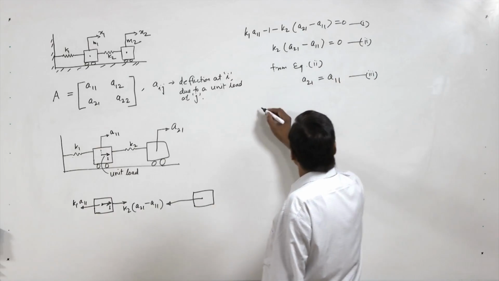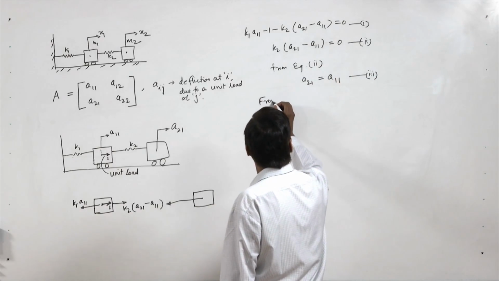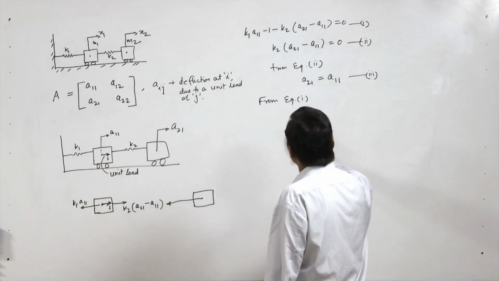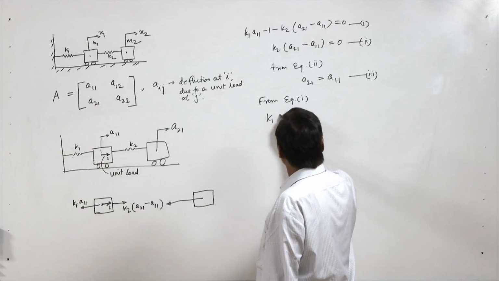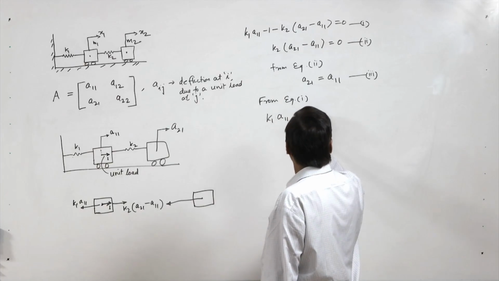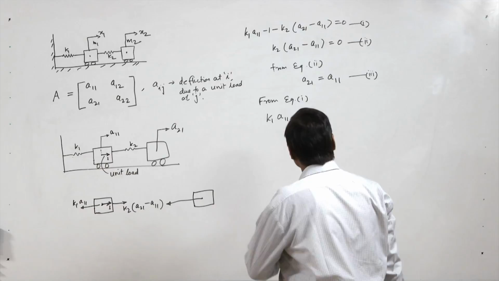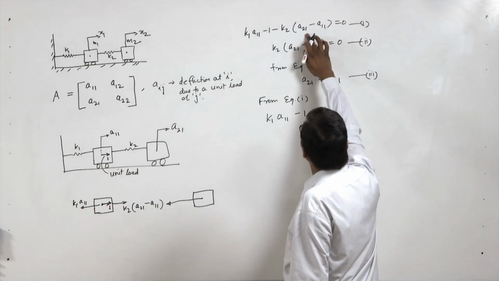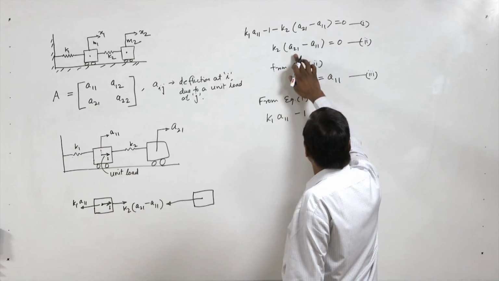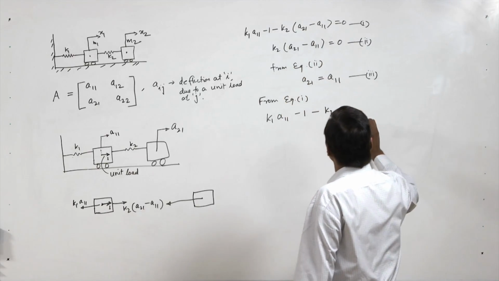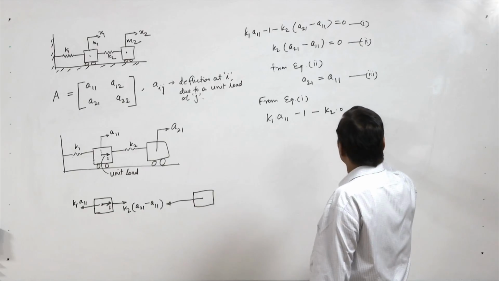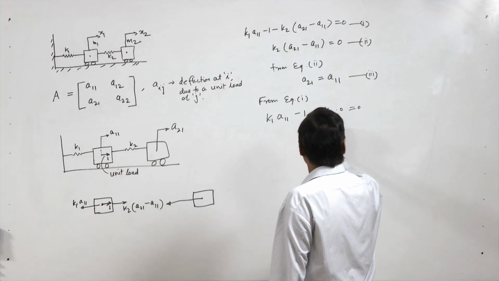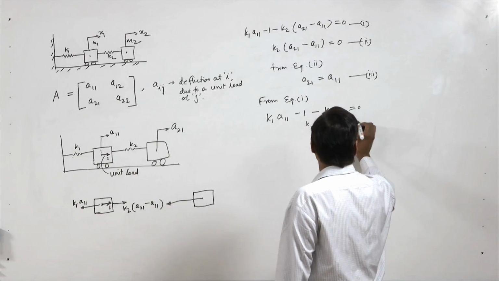Now from equation number 1, K1 (A11 minus 1) minus K2 into (A21 minus A11), and A21 minus A11 is 0, so into 0, equal to 0. So we will have K1 (A11 minus 1) equal to 0.